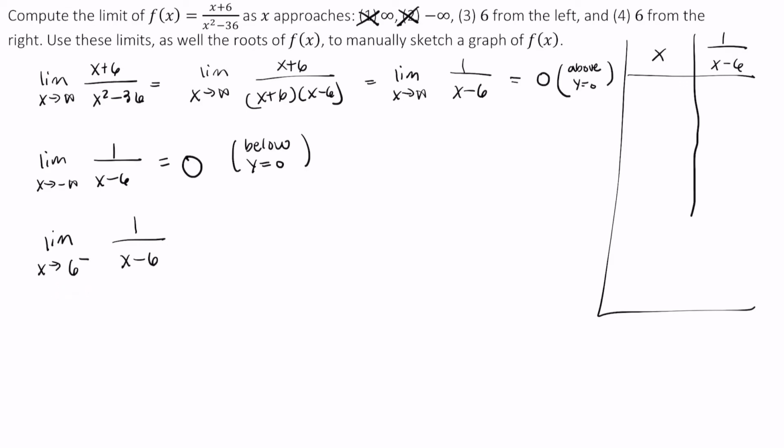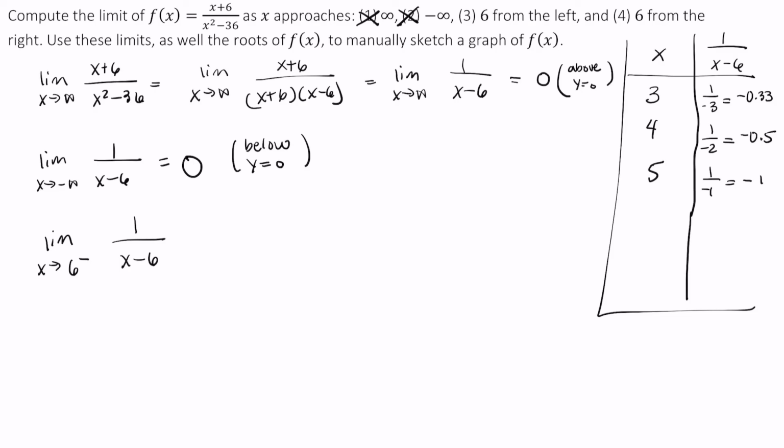So let's say 3, 4, and 5. This one would give me 1 over negative 3, or negative 0.33. Here I end up with 1 over negative 2, or negative 0.5. And here I end up with 1 over negative 1, which is just negative 1. Let's try some values even closer.